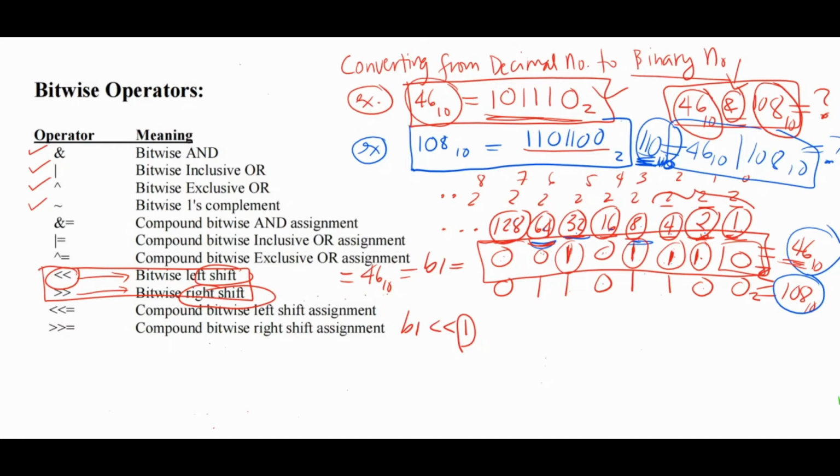So if B1 is this binary number, shifting all the bits 1 bit position to the left means you are dragging all of these bits 1 position to the left.